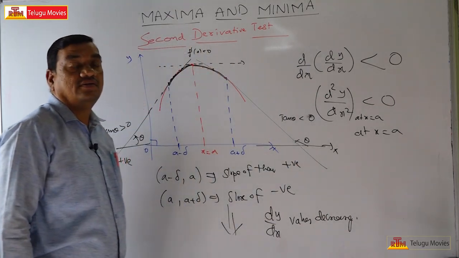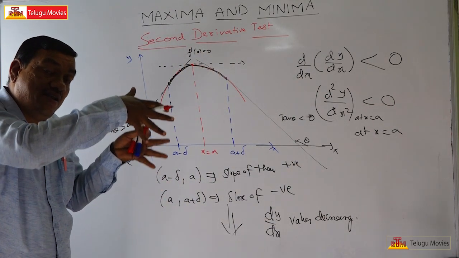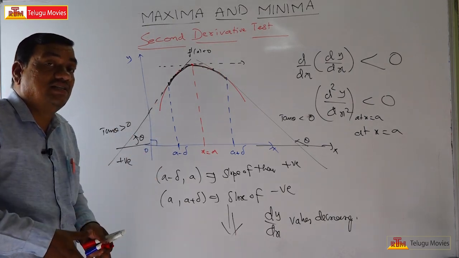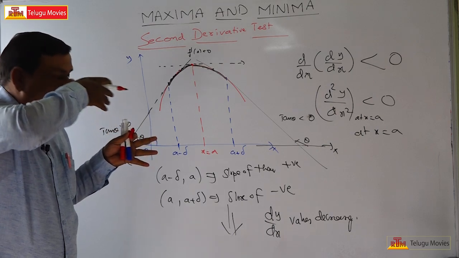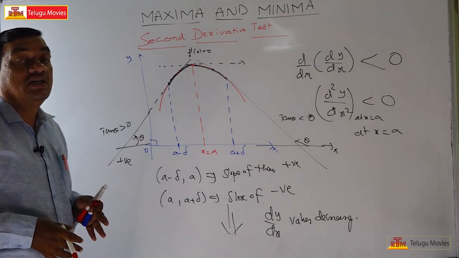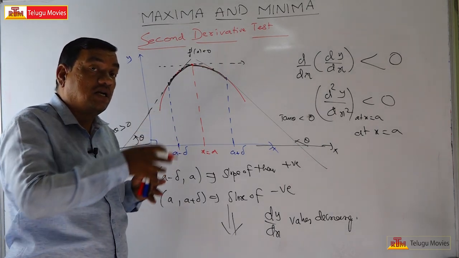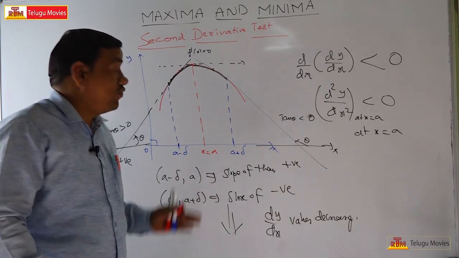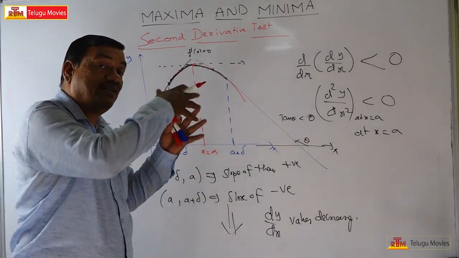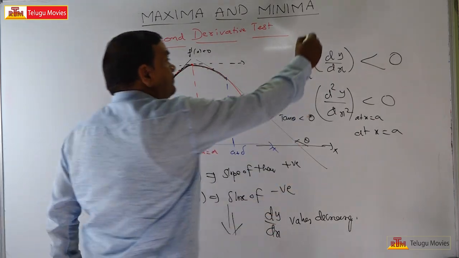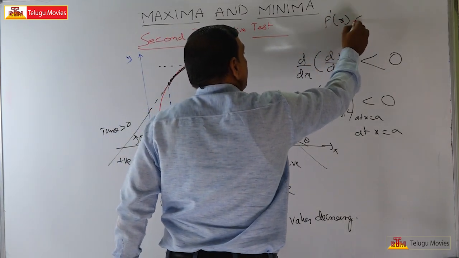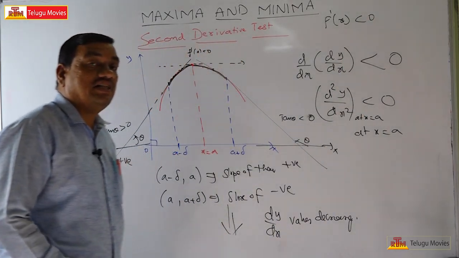If you consider the slopes as a curve, that is a decreasing curve. For a decreasing curve, f dash of x is less than 0.